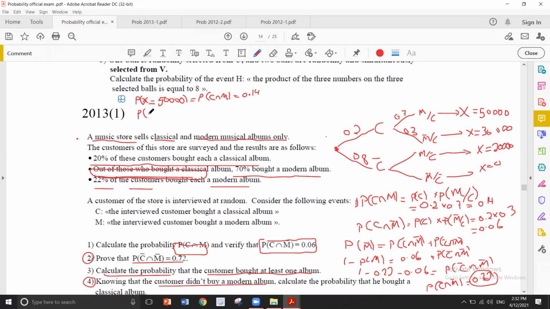Probability that X equals 30,000 equals the probability of C intersection M bar, which is 0.06.